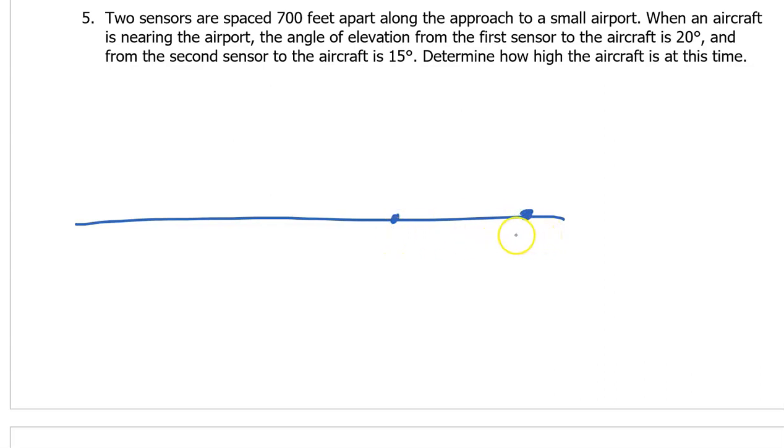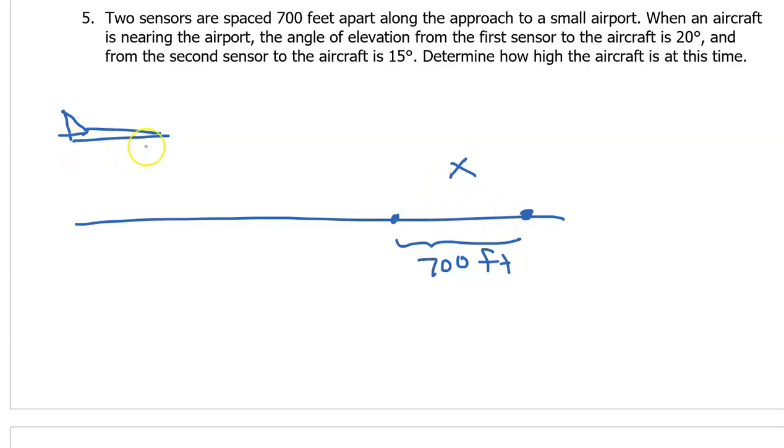Here's two sensors. They're spaced 700 feet apart. So this is 700 feet. As we approach a small airport, so we're approaching the airport like this. A common mistake is students will try to put the plane right here between the two sensors.